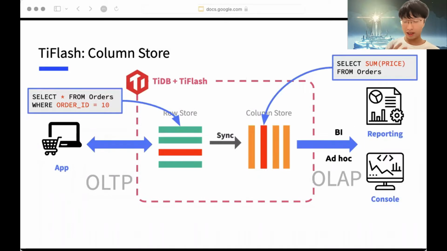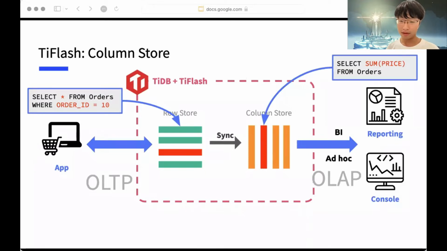So, for example, when you discover that you need some heavy BI queries, or your BI computing resource is not sufficient, you can just scale up your TiFlash cluster, and then you will get better OLAP performance.